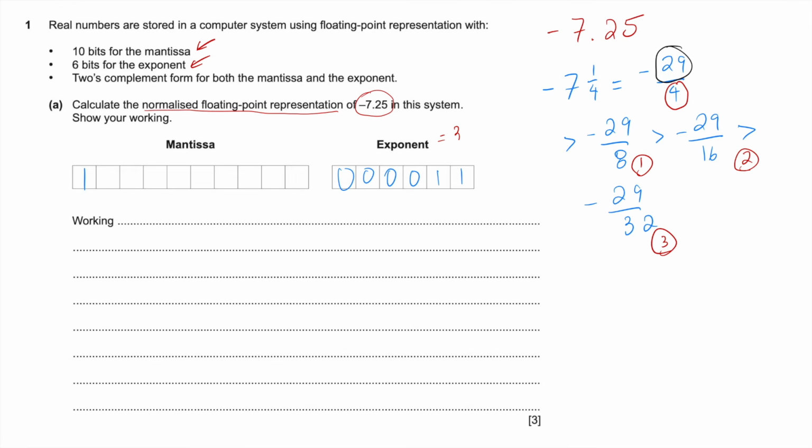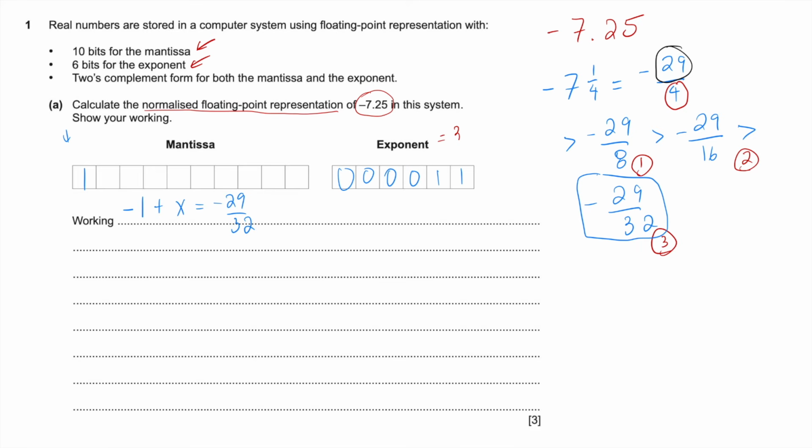So we've got negative 29 over 32. And we already have a 1 right here. And if that's going to be negative 1, then we want to find what the difference is between both of them. So basically we've got negative 1 plus what is equal to negative 29 over 32.